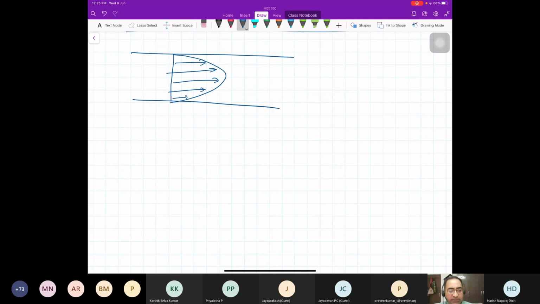People started connecting it to waves, and there was a lot of work on waves. Heisenberg, the famous physicist, his PhD was also on waves, on stability of fluid flows in pipes. Now after a lot of fundamental work on waves, people thought, if I study how a flow becomes unstable, maybe I can tell something about turbulence.